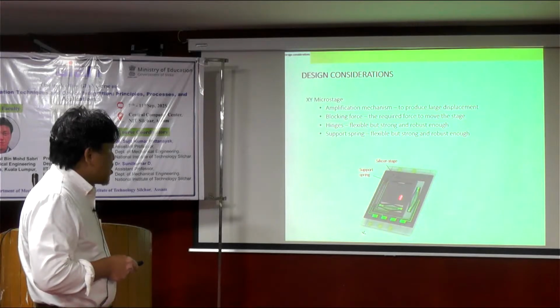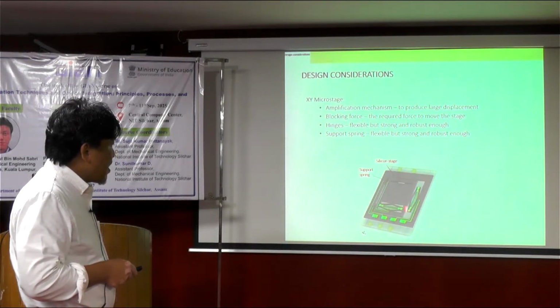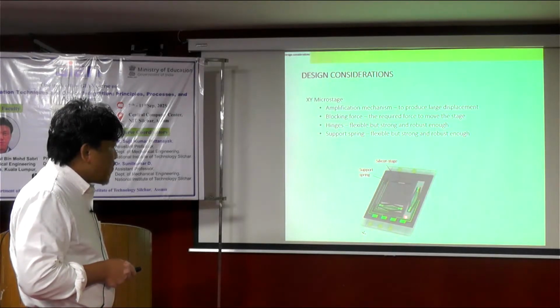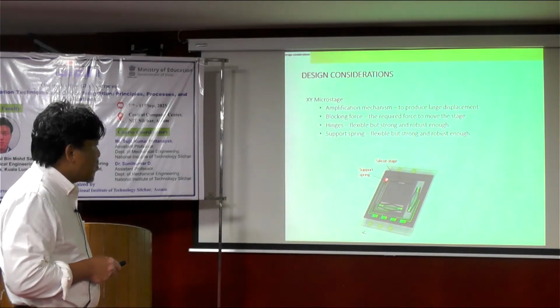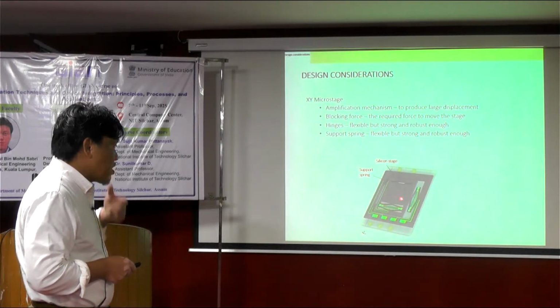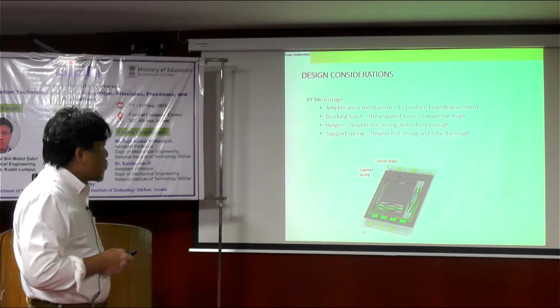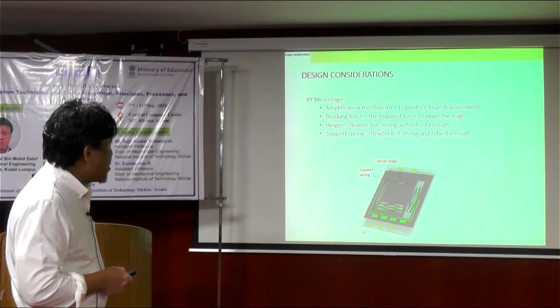And this Mooney mechanism needs to be flexible enough, but to a certain extent robust, to allow movement for flexibility, but robust enough to make sure that it won't break in operation. So the support spring is flexible but strong and robust, in order to hold the stage and also to return the stage to its original position. That is the consideration that needs to be given in the design of the microstage.